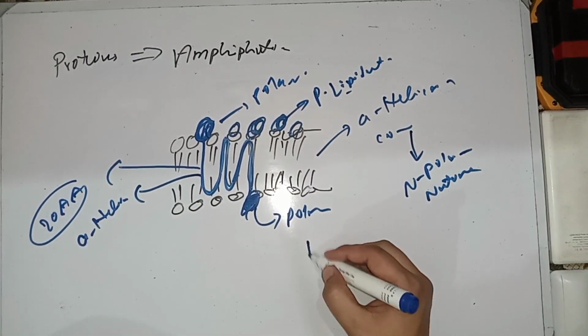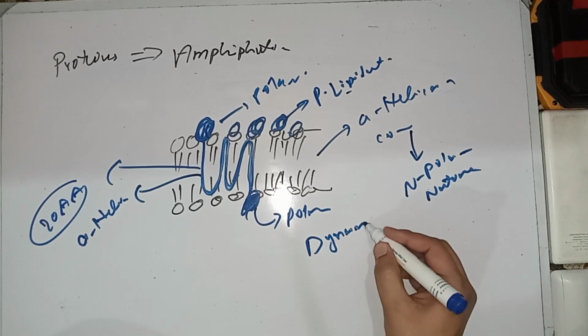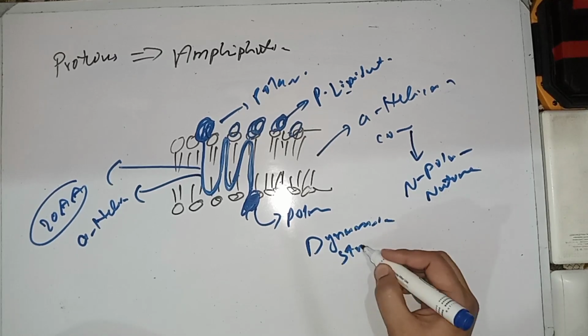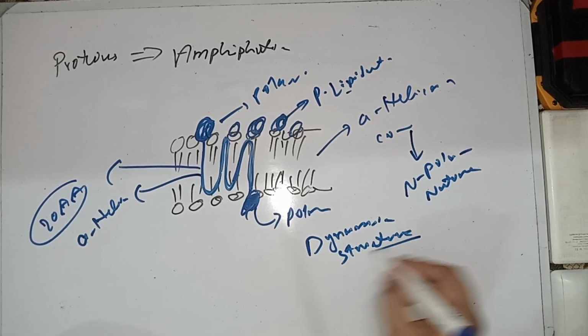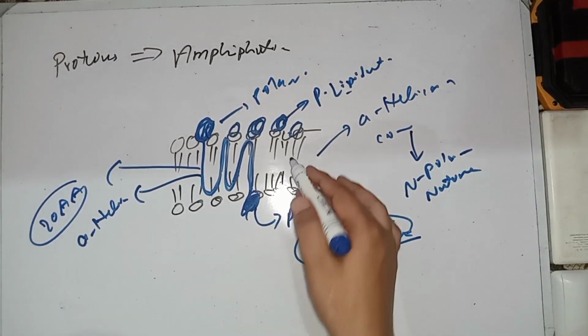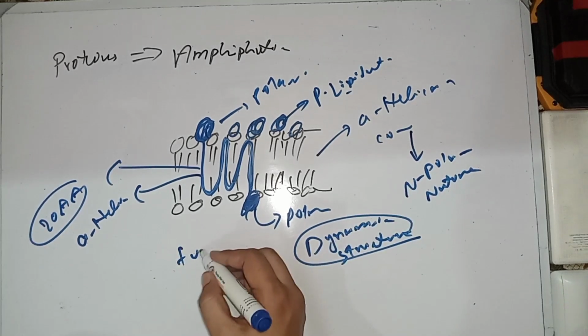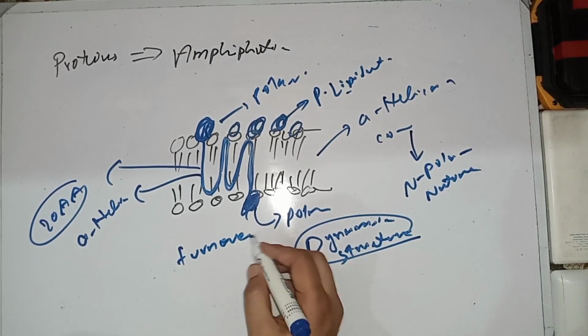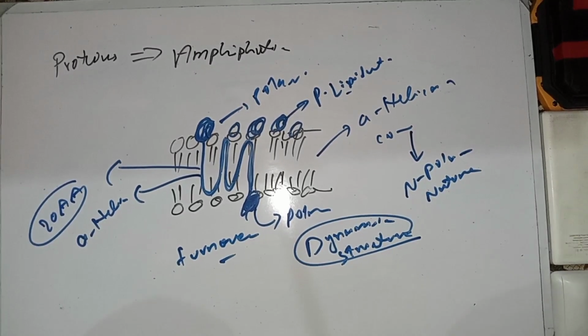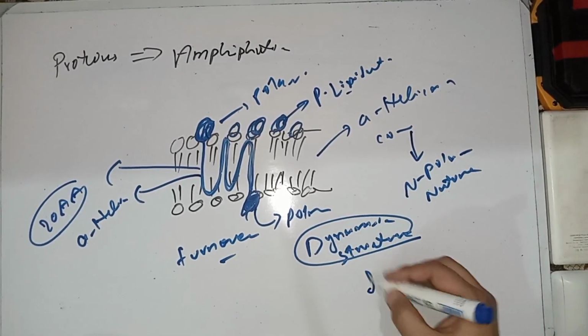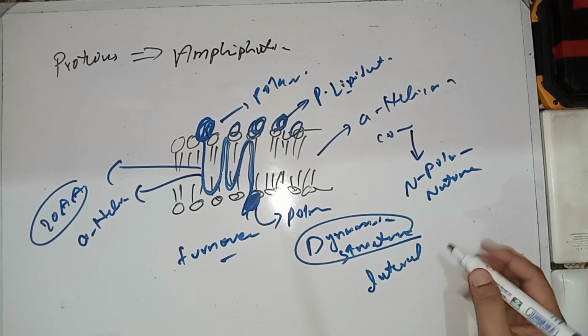Another aspect here is that cellular membranes are dynamic structures. It means that their configuration does not remain constant. These lipids show turnover rates and are replaced by new ones. Proteins also show turnover rates and are replaced by new ones. They also show lateral mobility. What is this lateral mobility?